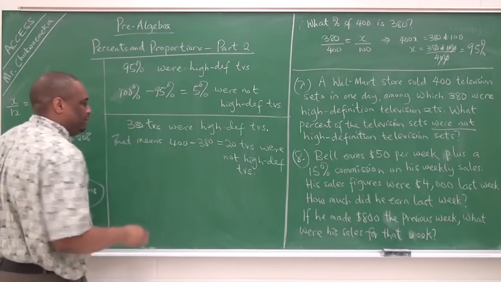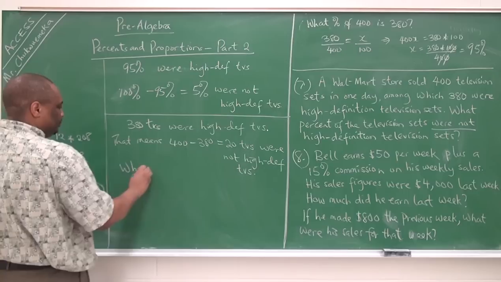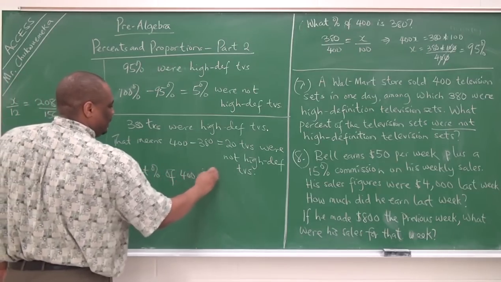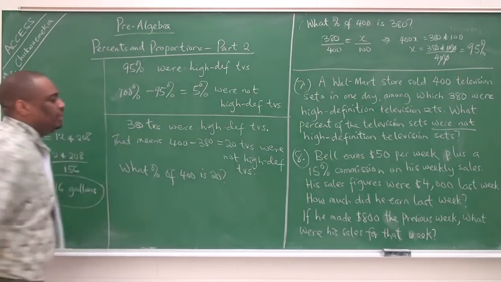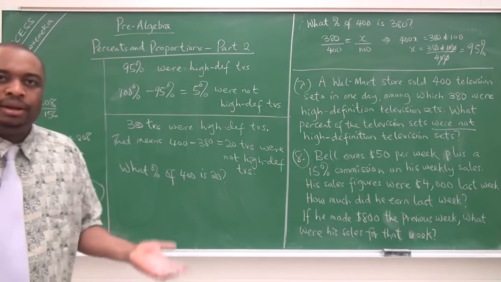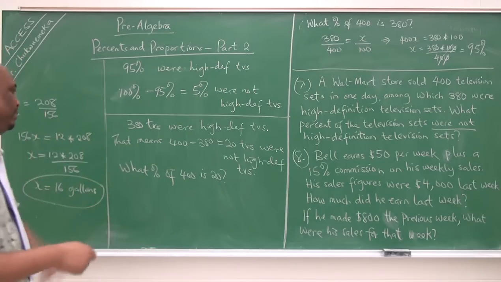So you now ask yourself, what percent of that 400 is 20? To get the percent that are not high def TVs. That is the second way you can do it.